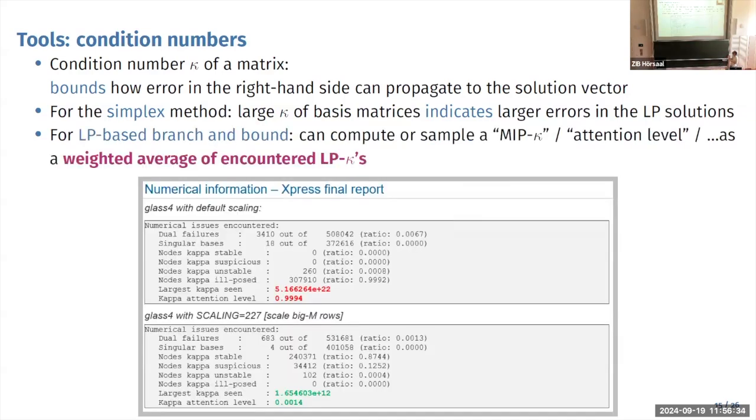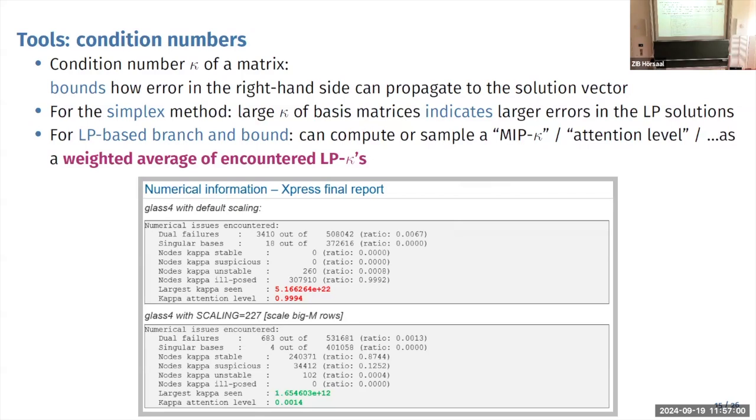But what we can do is that we can compute or sample something like a weighted average of the condition numbers of the LPs that we encountered during the solve. Yeah? And this is implemented in many solvers. So sometimes it's called MIP kappa or attention level, or I don't know which other words are around.